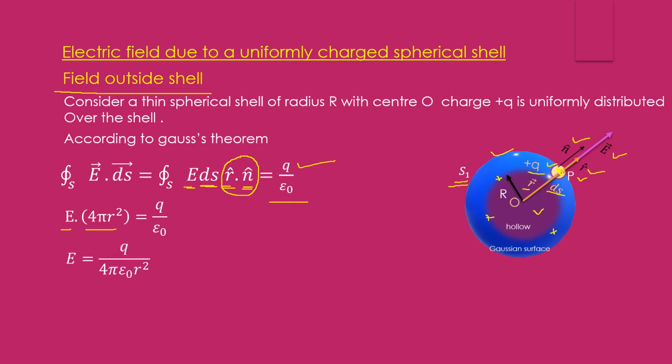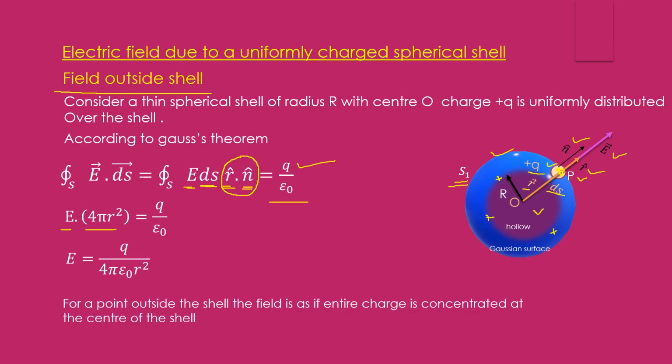So this is the electric field at a point outside the shell, which is the same as that of a point charge. Electric field due to a point charge placed at a distance r from observation point. It means electric field due to a uniformly charged spherical shell behaves as if the entire charge is concentrated at the center of the shell.